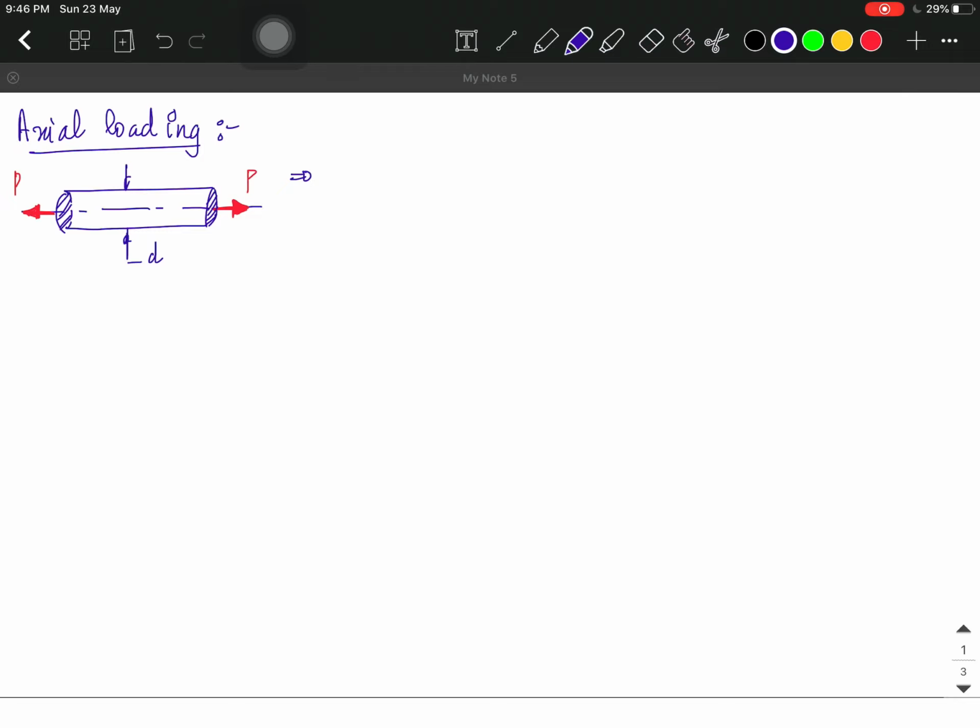So what we have to note is that loading that is normal to the cross section of the member is nothing but axial loading.